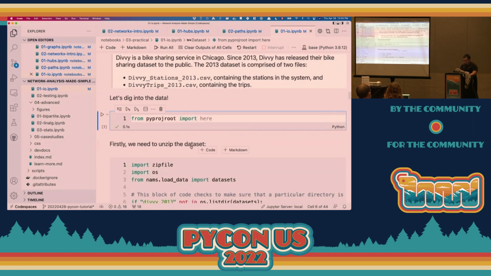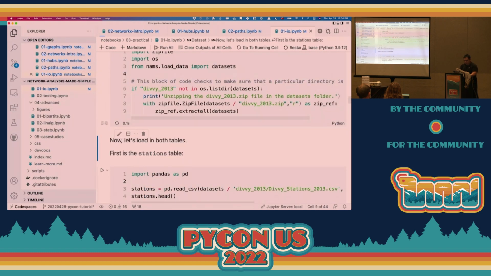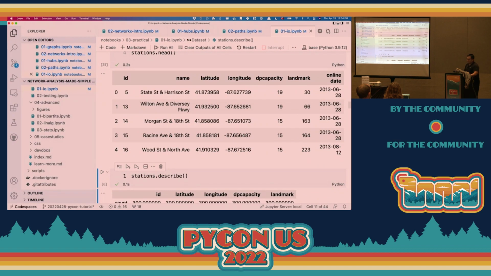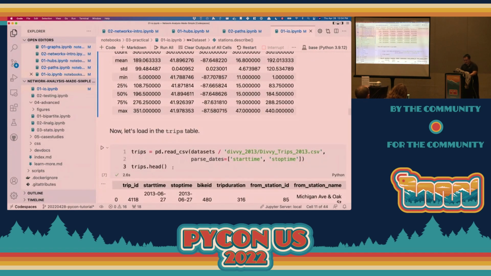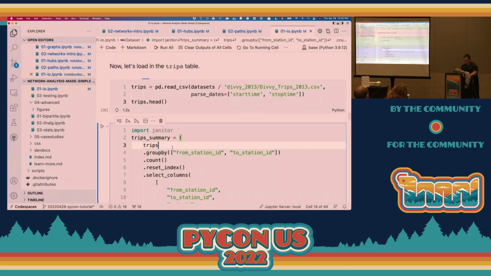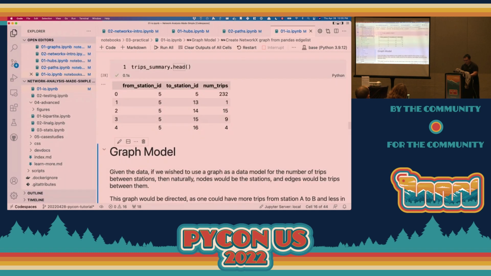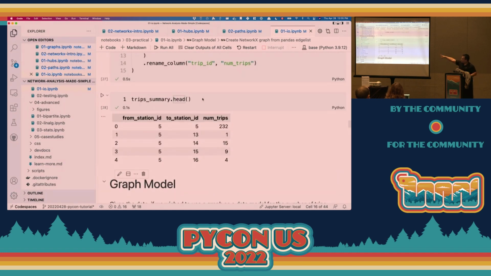As you can see over here, let me just run through things a little bit. This is the node table as a CSV file, now as a pandas data frame. And down below here is the trips table, which is the summary table that we're going to work with.